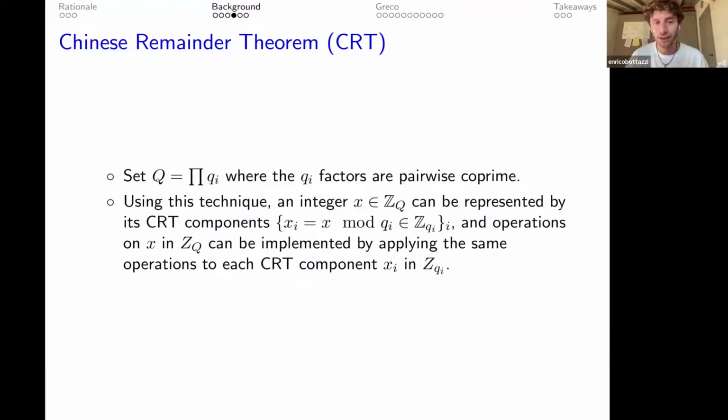And using this technique, we can express any integer that is defined modulo Q as its CRT components. So it's X modulo each smaller Qi. And what we end up with is many CRT components of these integers that are smaller.